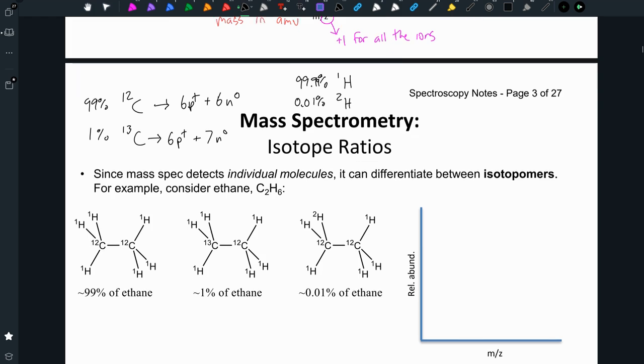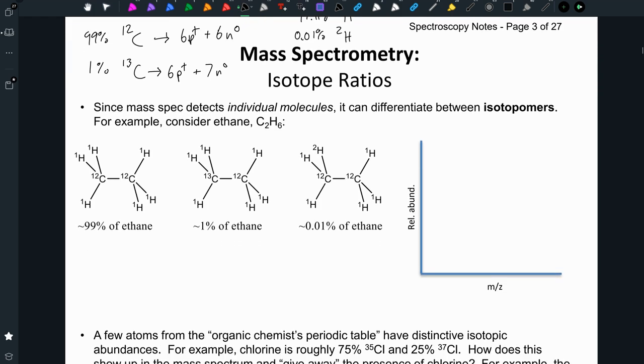So you are going to have some molecules that have a carbon-13 atom. You're going to have some molecules that have a hydrogen-2 atom. And if we think about their masses, the mass of most ethane molecules will be 12 plus 12 plus 6. So 12 plus 12 plus 6 is 30 grams per mole, or 30 AMUs.